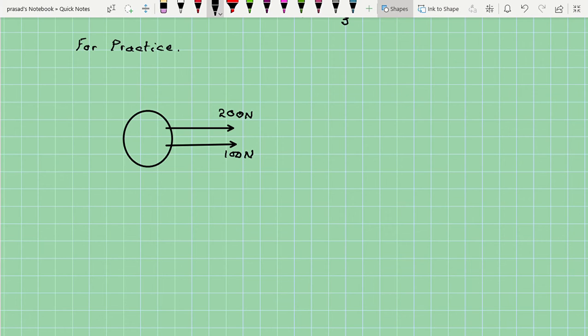And a force of 300 Newton is acting towards the left.